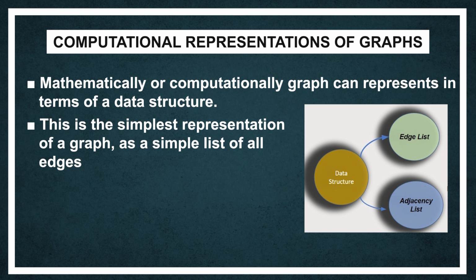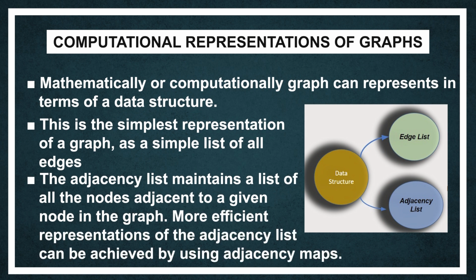Figure C illustrates the edge list of the directed graph in figure B. Adjacency list: this list maintains a list of all nodes adjacent to a given node in a graph. A more efficient representation of the adjacency list can be achieved by using an adjacency map. Here figure D illustrates the adjacency list for the directed graph in figure B.